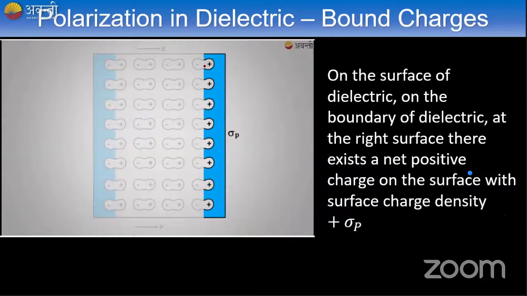Only on the outermost boundary, on the surface, there exists a net positive charge. This positive charge on the rightmost surface creates a positive surface charge density, given by sigma p.